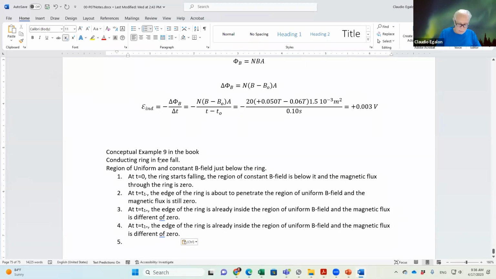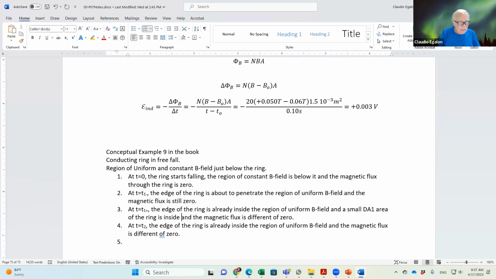At t equal to t2, I don't need to do t minus and t plus anymore. At t equal to t2, the edge of the ring is already inside the region of B field, and a small area delta A1 of the ring is inside this field.